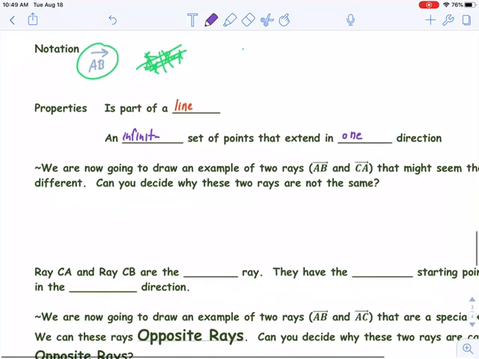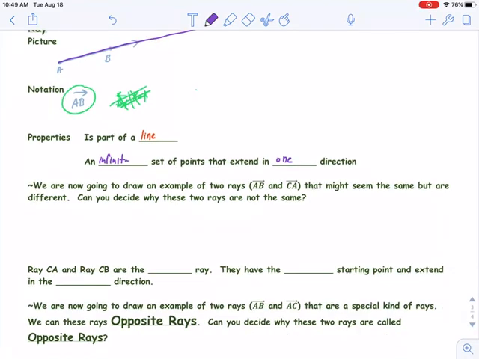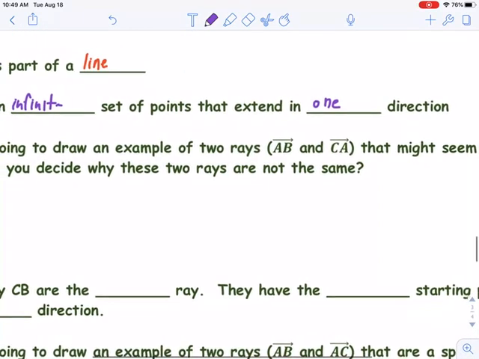Now we're going to do some different things. We're going to draw an example of 2 rays, AB and CA, that might seem like the same ray, but are different. So this is what it's going to look like right here. Actually, I changed my mind.